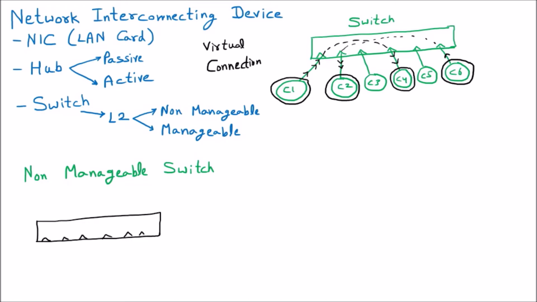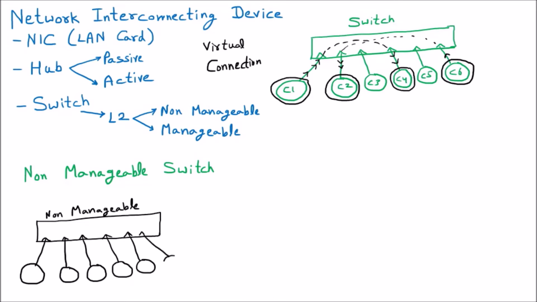This switch we are discussing is non-manageable, and then we will discuss the different things about it. Let us suppose that this switch is placed in the server room and we have connected it with 6 computers, and we are naming these 6 computers C1, C2, C3, C4, C5 and C6.